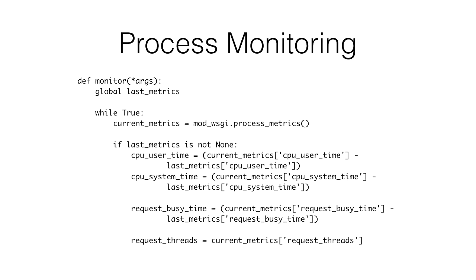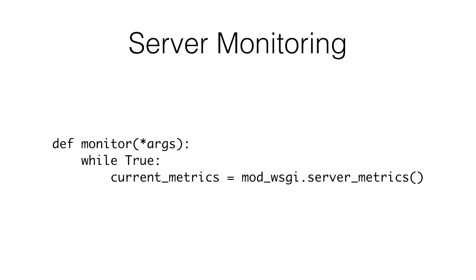You can pull out metrics about process usage, and this one's got some key ones in there that help you work out how much of the capacity of your process is being used, and whether you're overloaded, and whether you need to create more processes and threads, or whether you've actually created too many processes and threads and you're not actually using it. And there's also server metrics you can pull out about the whole of Apache as well.